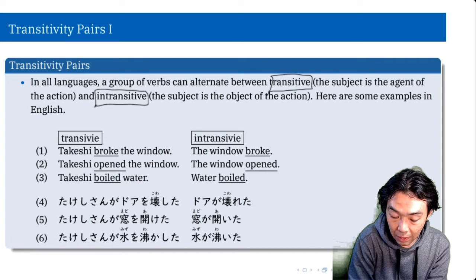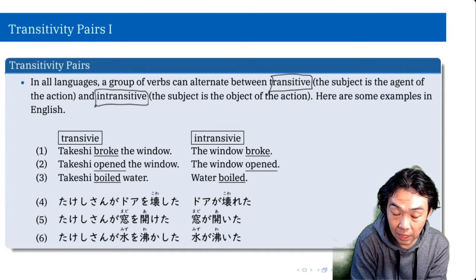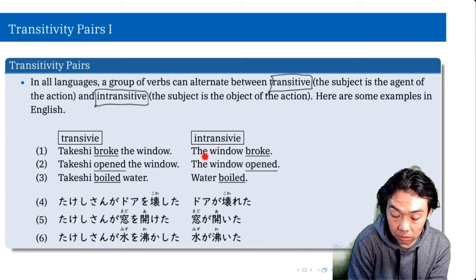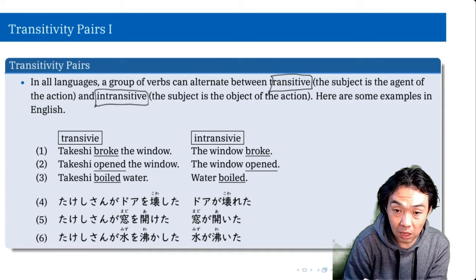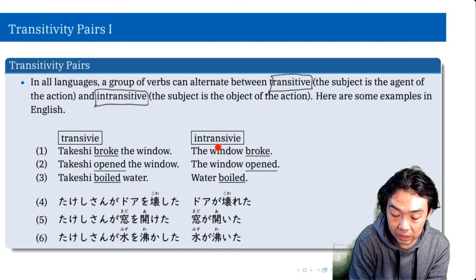So these two are exactly the same situation. You can talk about the same situation in terms of a transitive verb, so you just tell who did what to what. But you can also say, as an intransitive verb, the window broke, without saying who did it. So you can tell only who received it, as a subject.